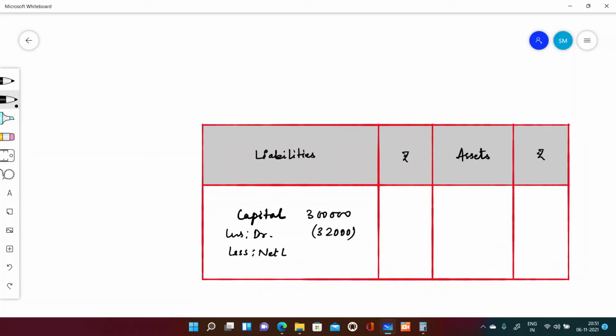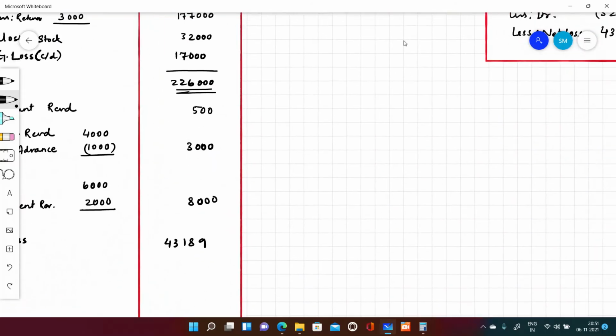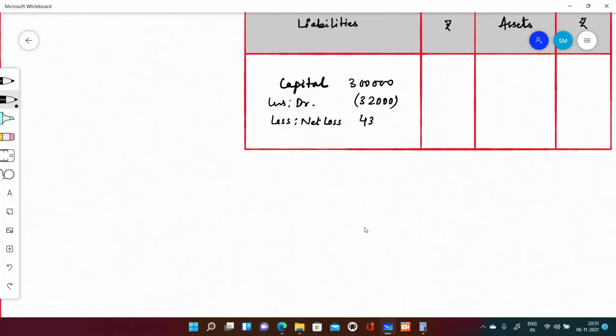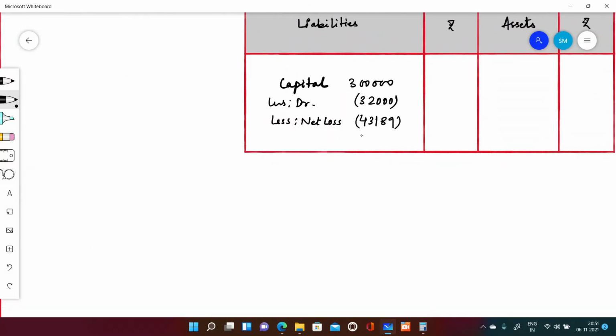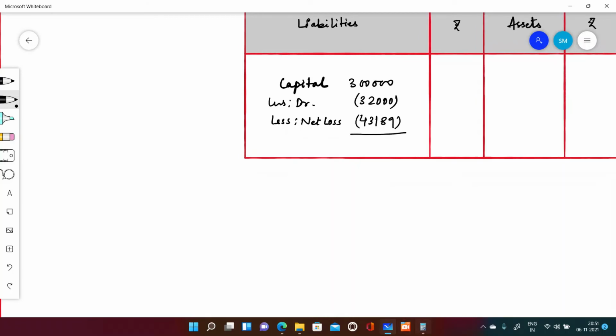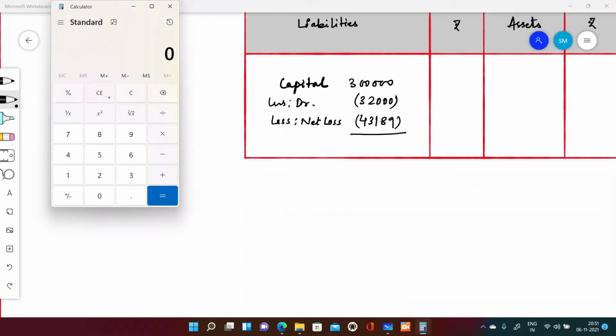So net loss, that is your 43189. Yes, that is only, let me check once. Yes, 43189. So 43189 I am getting as my net loss. So deducted from your capital, how much you are getting? Let's see.